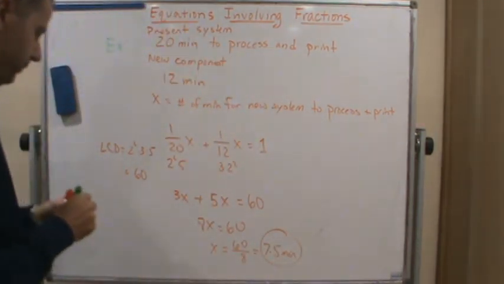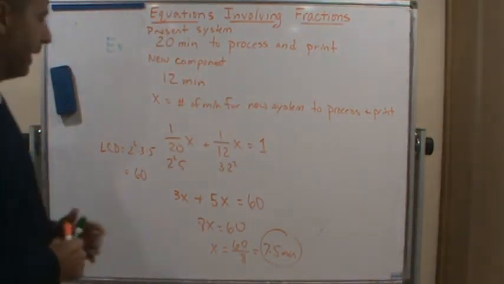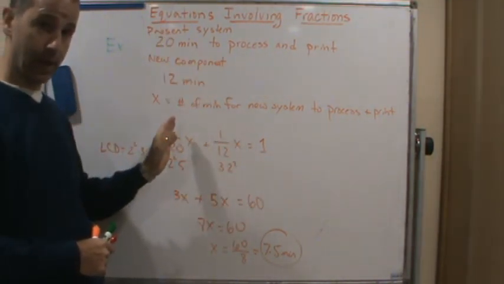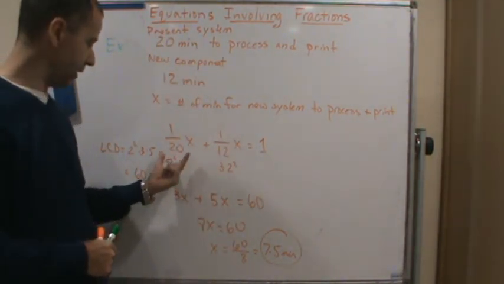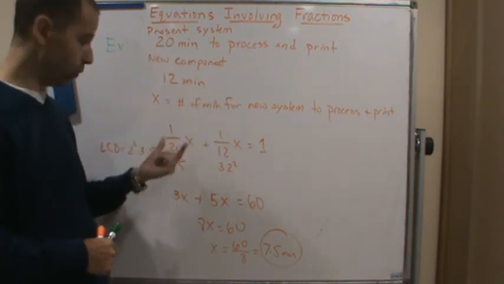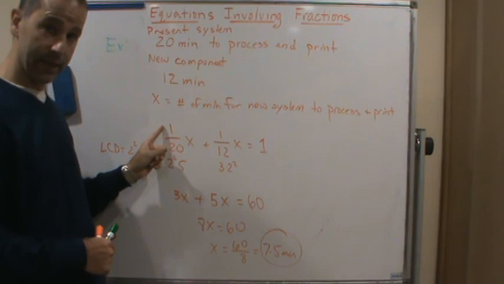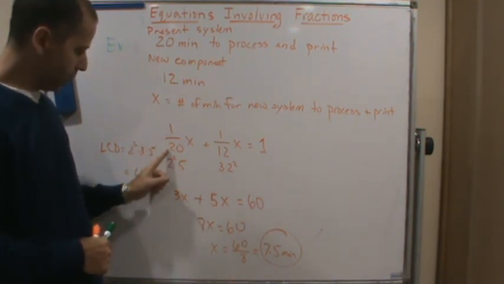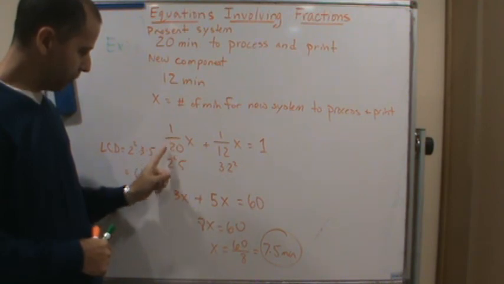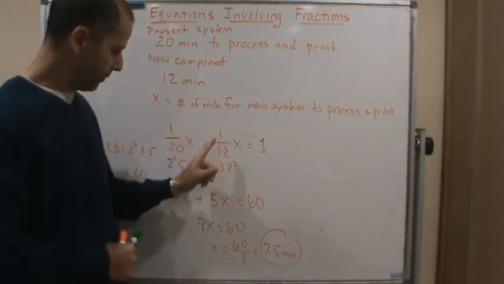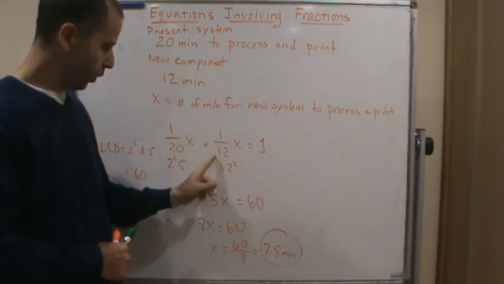So that's the answer. The main thing is that in order to come up with this equation, you had to read the problem carefully and understand that these are the rates. This is the time, but we can change these times into a rate by dividing by the total job. One whole job takes 20 minutes, so it's one job per 20 minutes. And the rate of the new component is one job per 12 minutes, so we get 1/12.